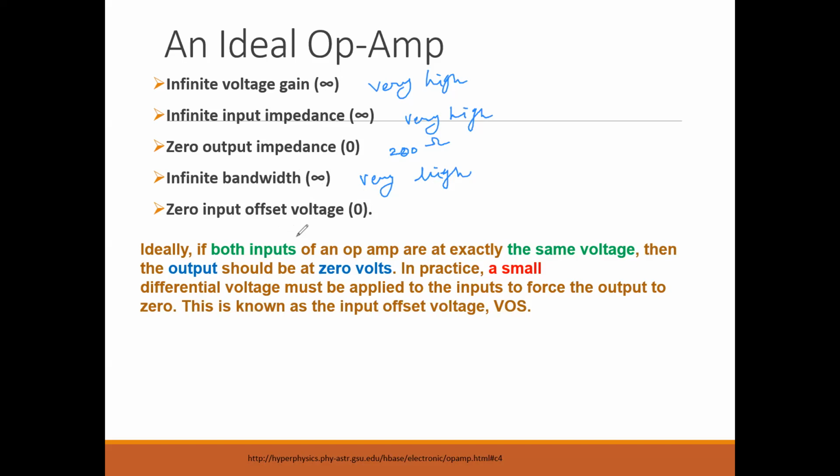Ma'am, impedance meaning? Impedance means input AC and DC resistance values. Suppose you are connecting an AC supply, you are dealing with AC voltage, then the resistance in the circuit is called impedance.